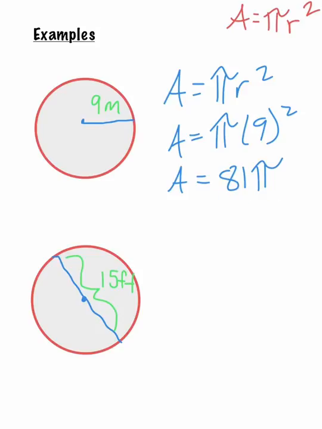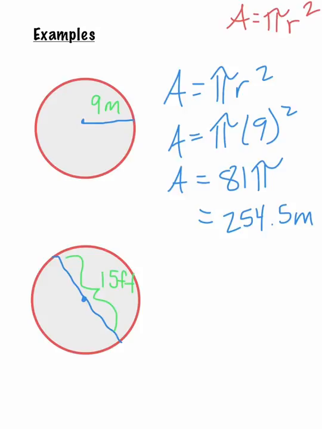Since pi is irrational, there's no specific perfect one, but if we keep it as 81 pi, that'll work. But if you want to type it into your calculator and use 3.14, we would come up with about 254.5 meters.